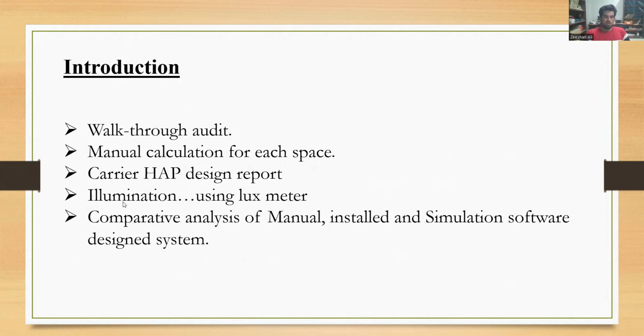Also, we worked on the lighting or illuminance, as we got a comment in our first evaluation. So we did work on the illumination using a lux meter. And finally, our last result was to compare all these calculations. So we did a comparative analysis of the manual, installed, and simulation software design systems.